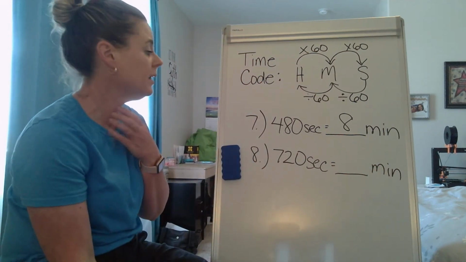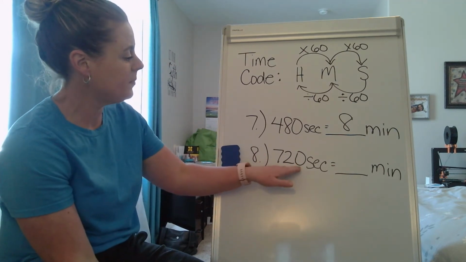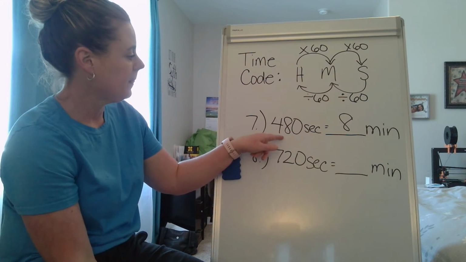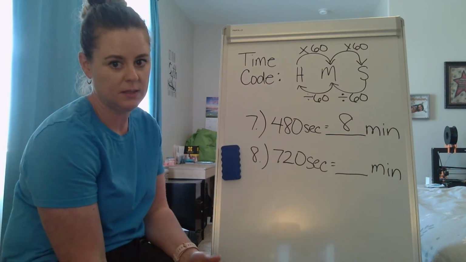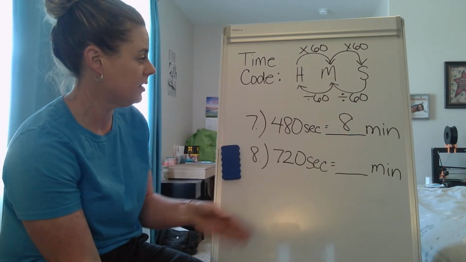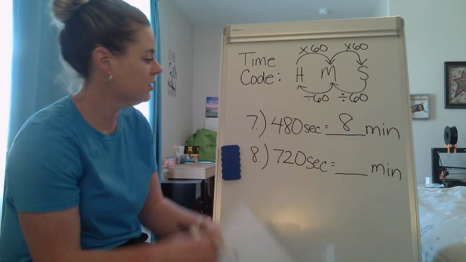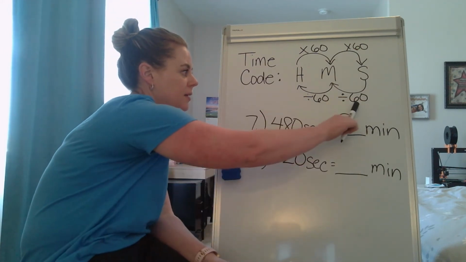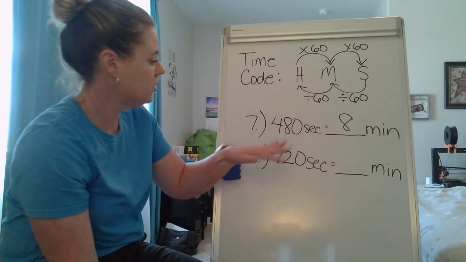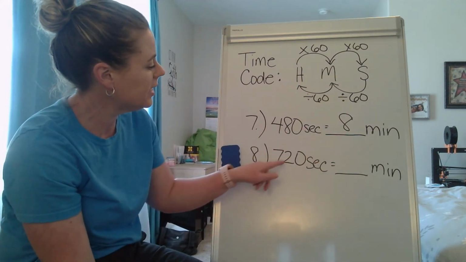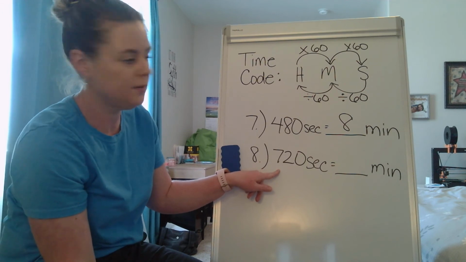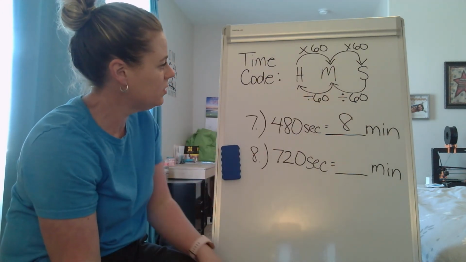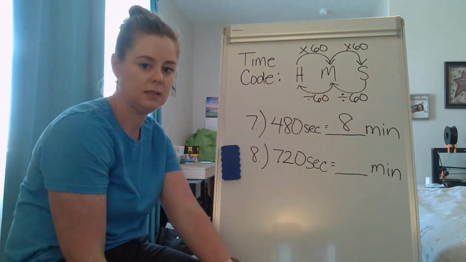Okay, so really what you're looking at is you can drop this 0 and you could just drop both zeros actually on the 60, because you're going to divide this 720 seconds divided by 60. So you're going to just drop both of the zeros and look at 72 divided by 6. So what's 72 divided by 6?